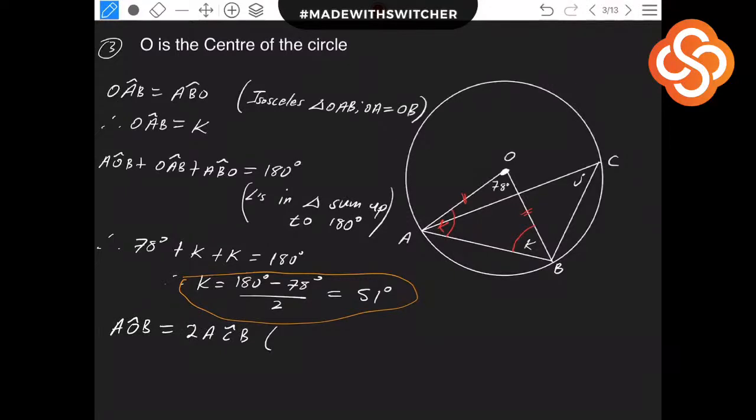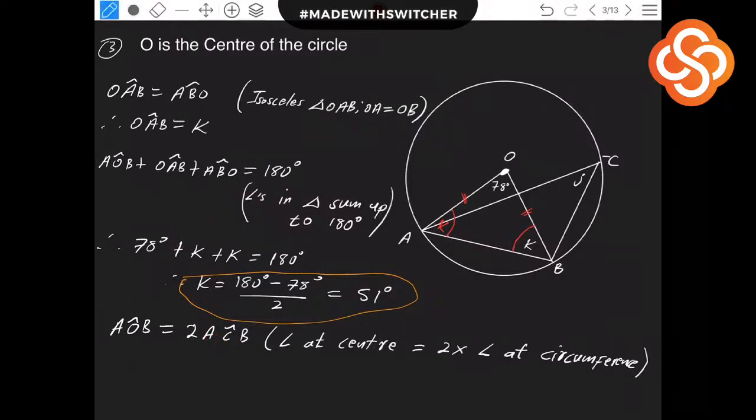Now the reason that we're going to give here, we say angle at center is equal to 2 times angle at circumference. Right. First of all, we're looking for ACB.